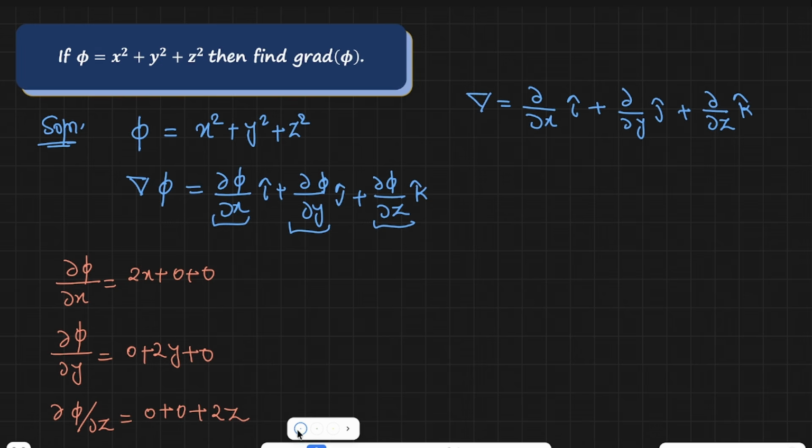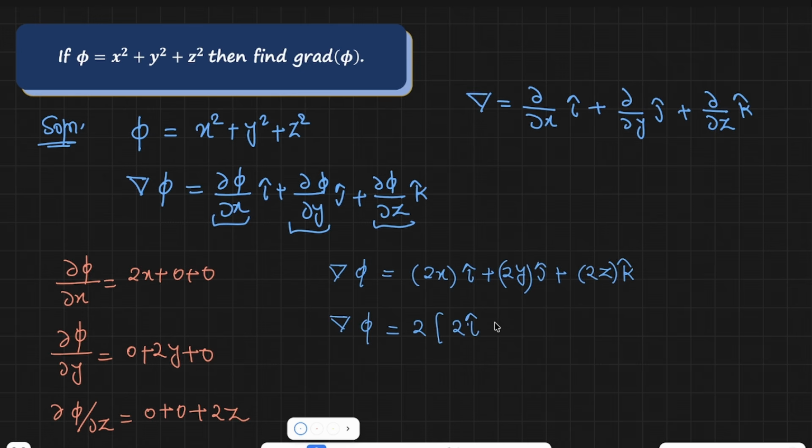Now put the values here: del phi is equal to 2x i cap plus 2y j cap plus 2z k cap, which is twice of x i cap plus y j cap plus z k cap.